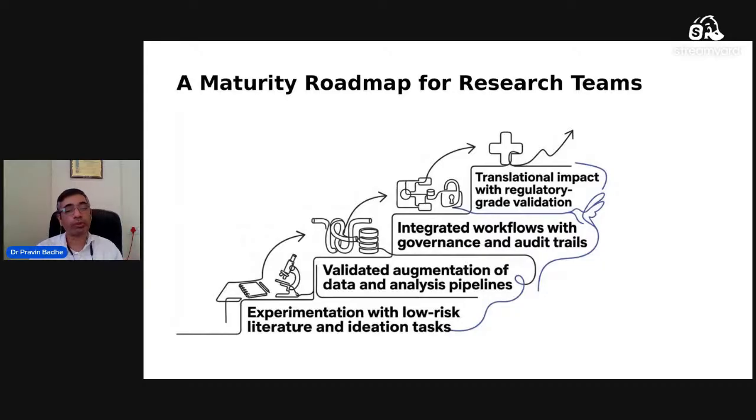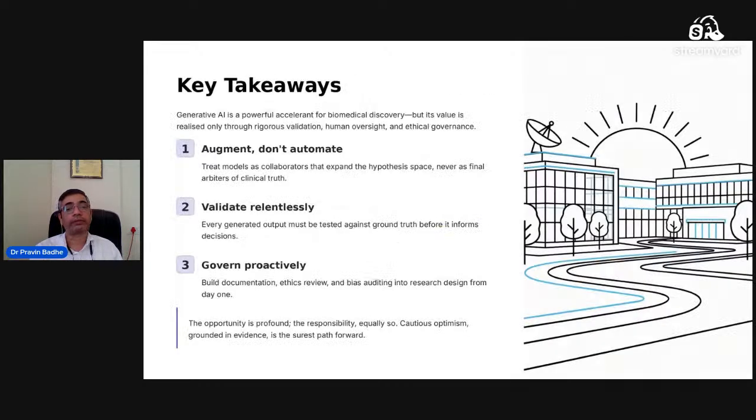So when you bring the product to the market, that means you have followed all the regulatory requirements. So the key takeaway from generative AI is that you need to treat the models, the AIs, the large language models, as your collaborator, which can help you to expand your research by developing hypotheses that can be useful, and that will be supervised by you.